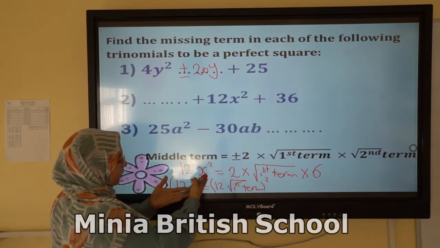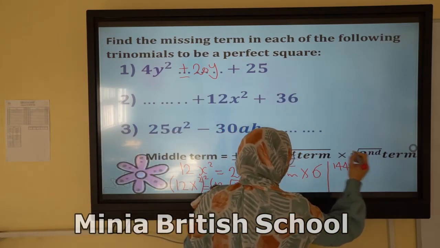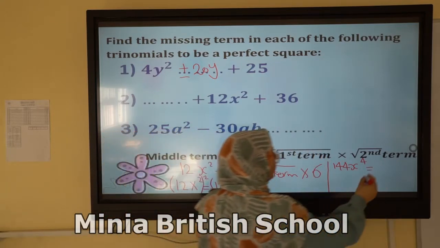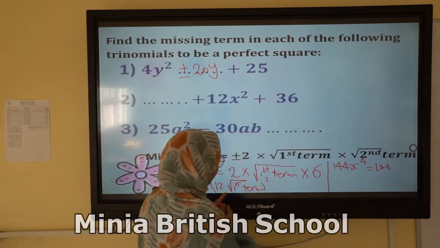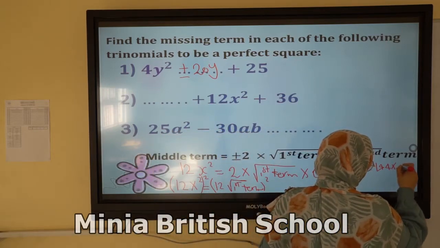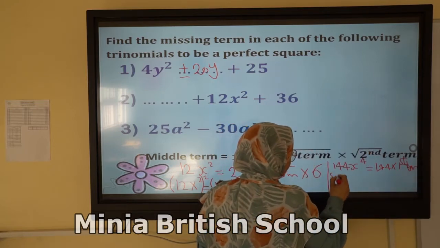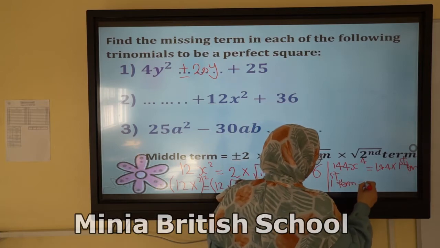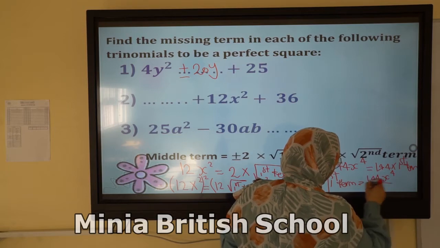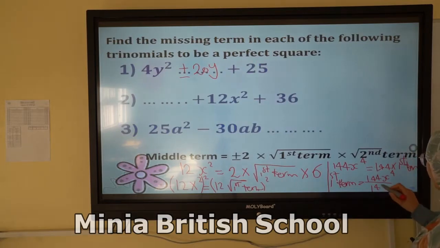So 12x power 2, squared, equals 144x power 4, equals also 12 power 2 equals 144 times the first term, since the square root of the first term squared equals the first term. Now the first term equals 144x power 4 divided by 144.